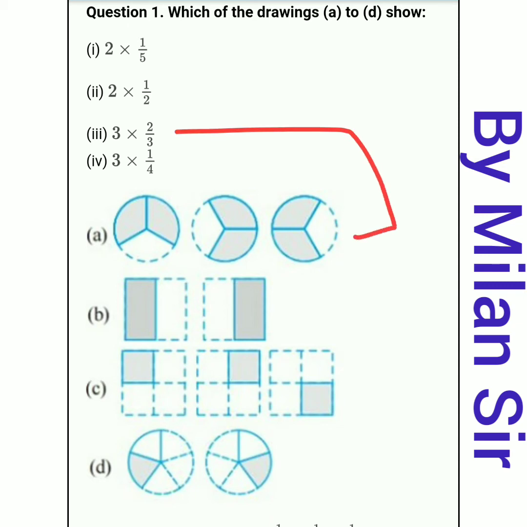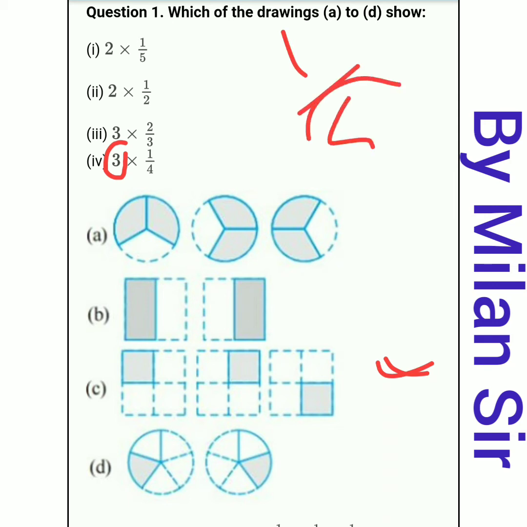Then number 4. Again the total number of figures is 3, which is present in option C. Then 1 by 4 means the total number of parts is 4. In each figure there are 4 parts, and out of that 1 part is shaded.